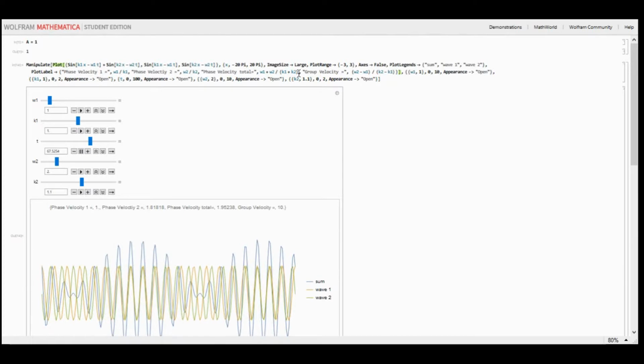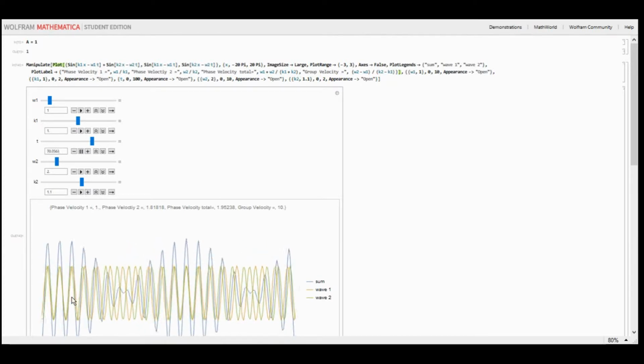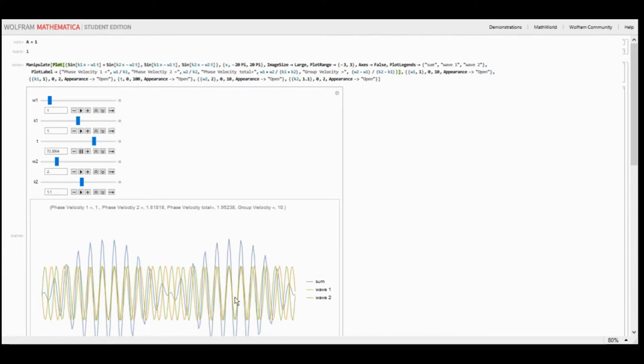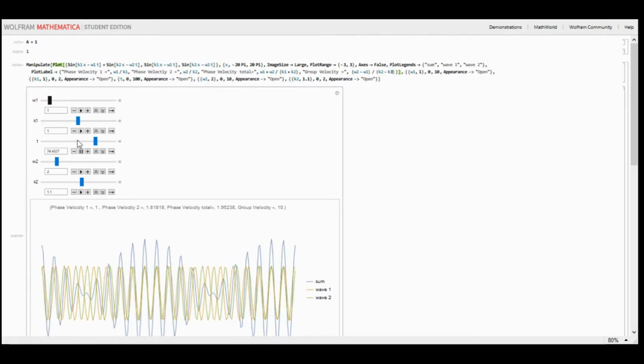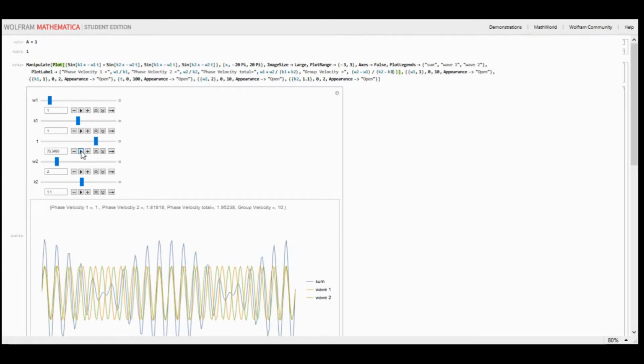And what we're looking at is the wave propagating through space. I can freeze time if I want, but the horizontal coordinate is the spatial coordinate here. And I'm also calculating the phase velocity, and I have those calculations up here. So the first wave travels with the speed omega 1 over k1.